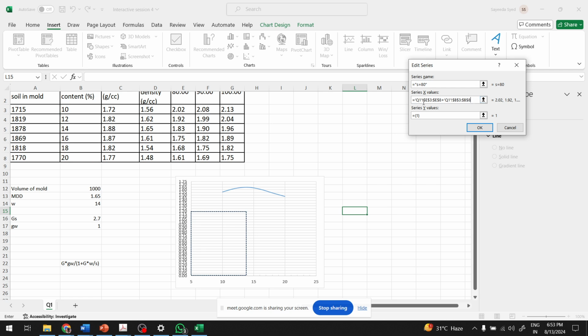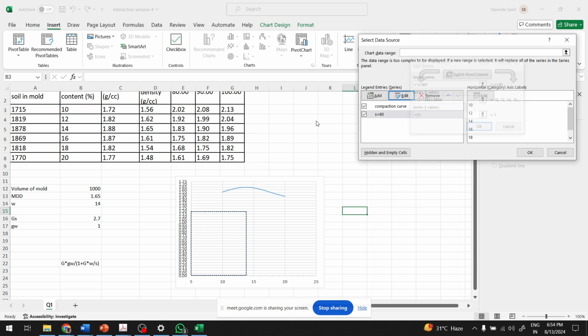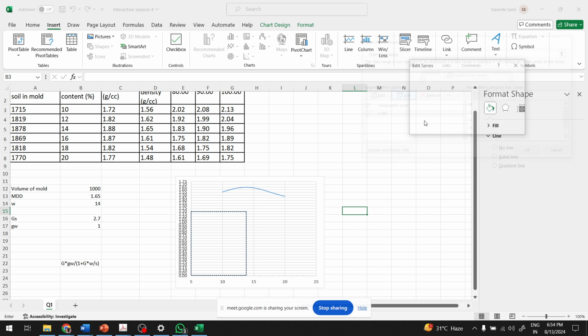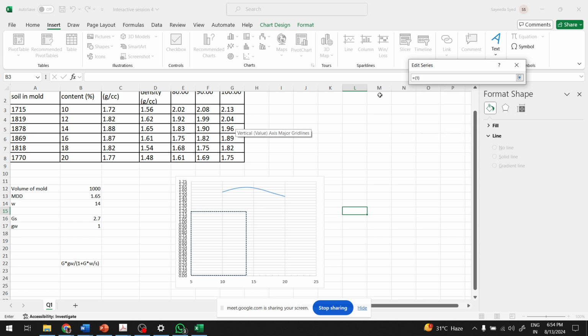This is giving me a hard time. X value, water content, and Y value is this.